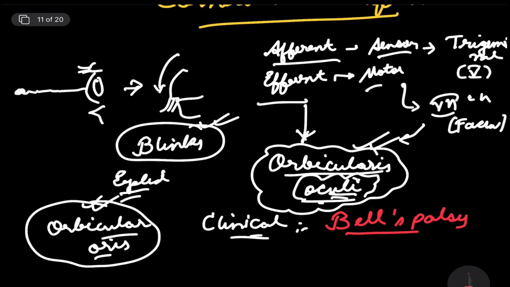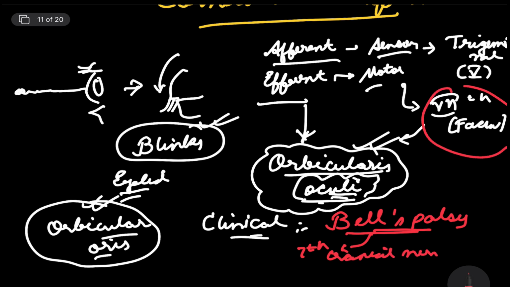But Bell's palsy is basically a palsy of the seventh cranial nerve. The seventh cranial nerve in this case is the efferent supply. So if the seventh cranial nerve is affected in Bell's palsy, there will be a palsy of the orbicularis oculi. So what this means is the patient is unable to blink.